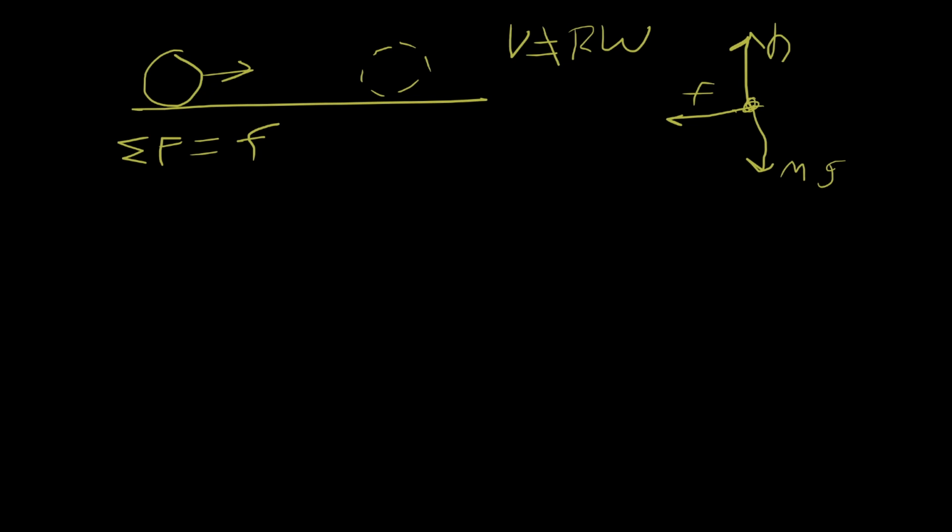But we do know that the sum of the forces equals mass times acceleration, and acceleration is also equal to dv/dt. That's how we're going to find the velocity with respect to time. So we write this as m dv/dt equals, and we're going to leave this as force.